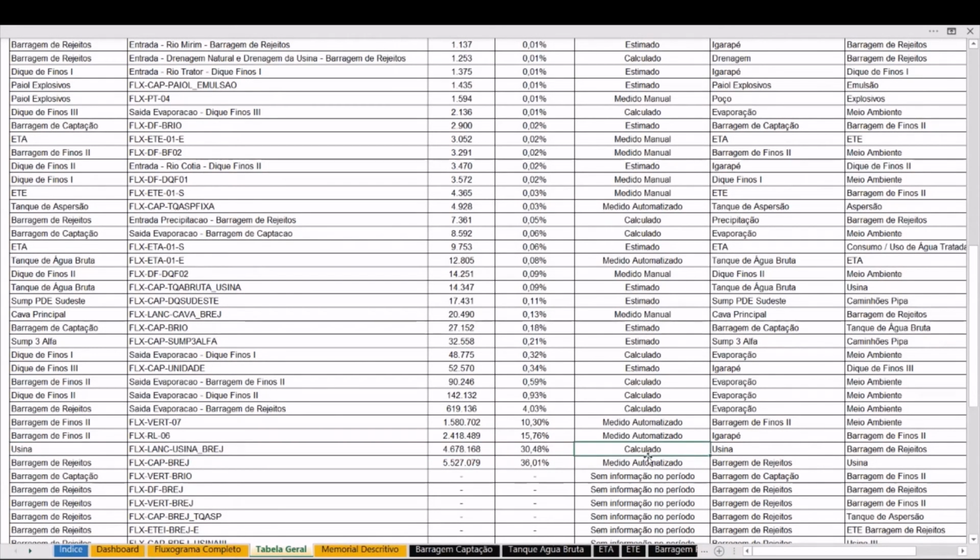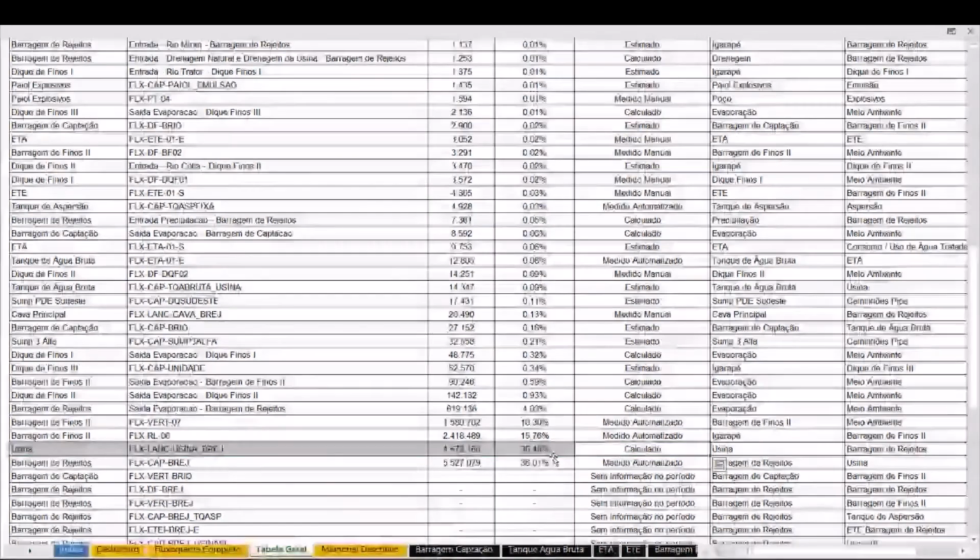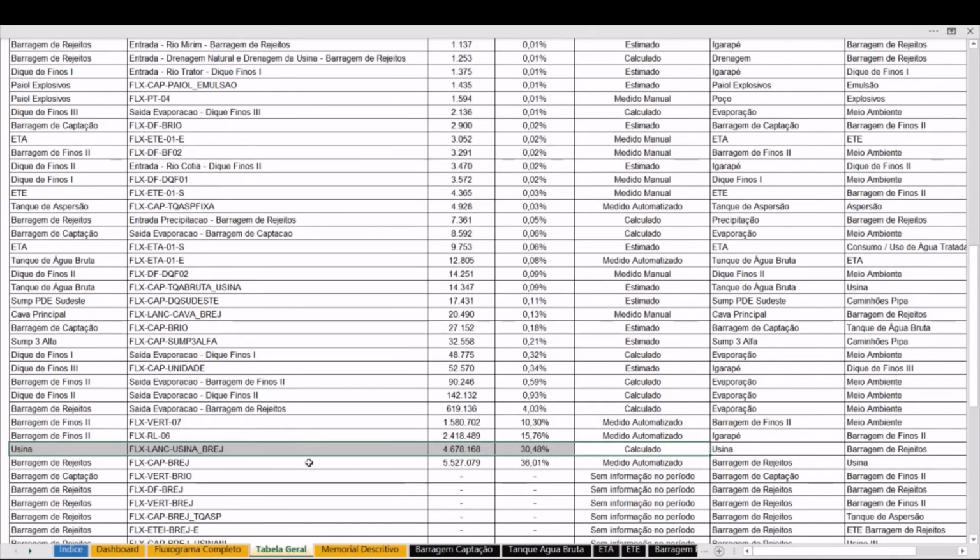And here we can see that it's a calculated data. So here the user can see that the data here is not as reliable as this one here, where we have automatic measured data. So the user now knows that he has to invest some money on measurement equipment, for example, a hydrometer, so he can have more reliable data on this flux here. That is a very important point where water flows on this particular mining company.